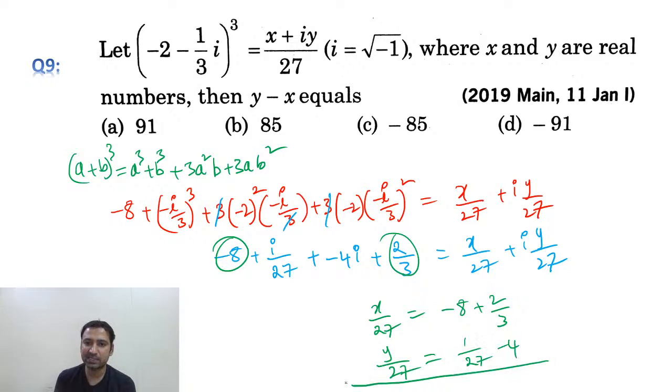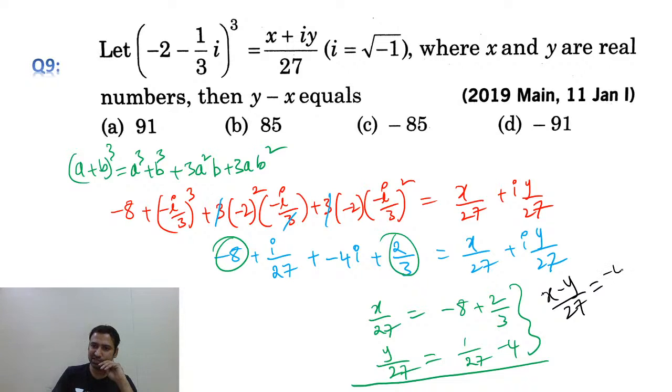Now we need to subtract these two equations. If you subtract these two equations, what do we get? x - y. Actually, we need y - x, right? Okay, anything is fine. Let's calculate x - y. (x - y)/27 is equal to -8 - 4, which is -4, plus 2/3 - 1/27.